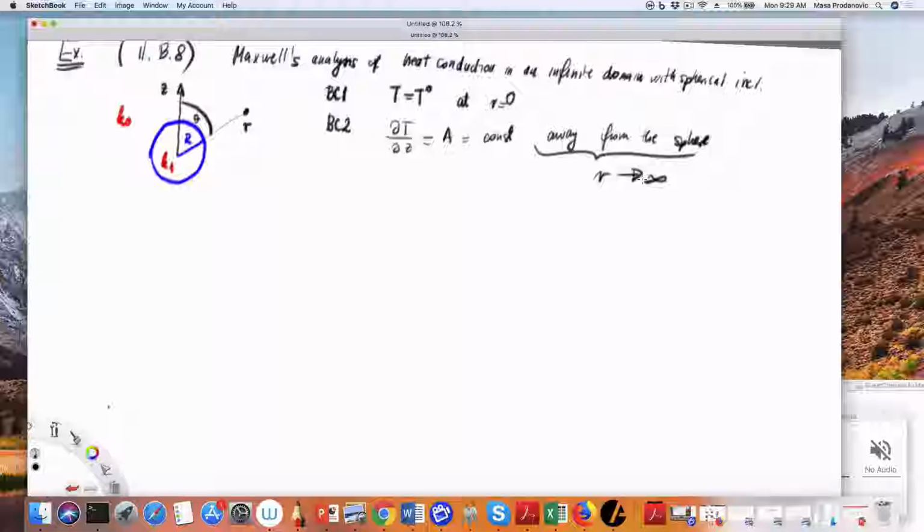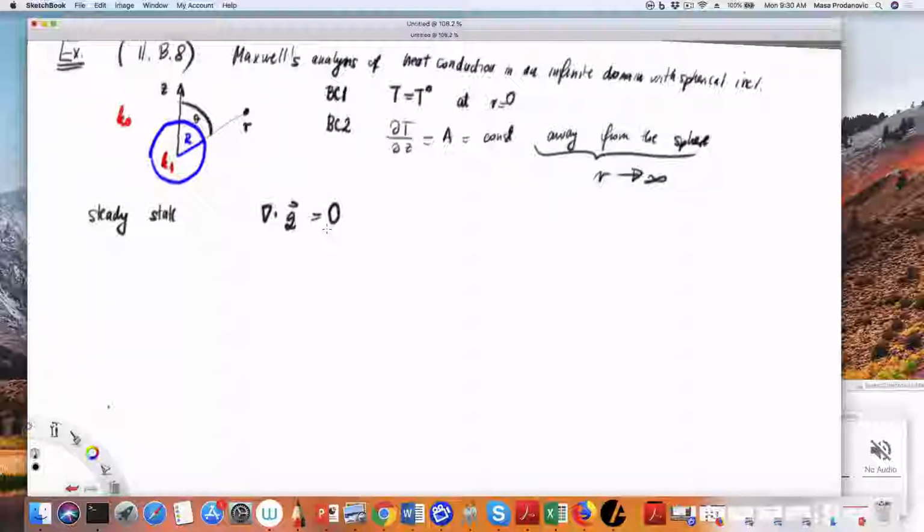So I'm going to look at the steady state solution. I'm not going to look at anything complicated, at least in terms of equation. So what my equation basically comes down to is, since the velocity term is 0, what's the only one left? Q. Yep. So basically the divergence of Q is equal to 0.